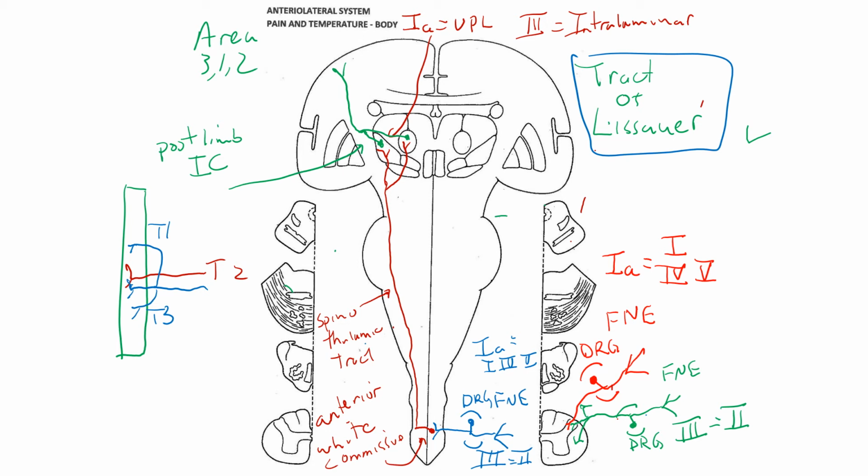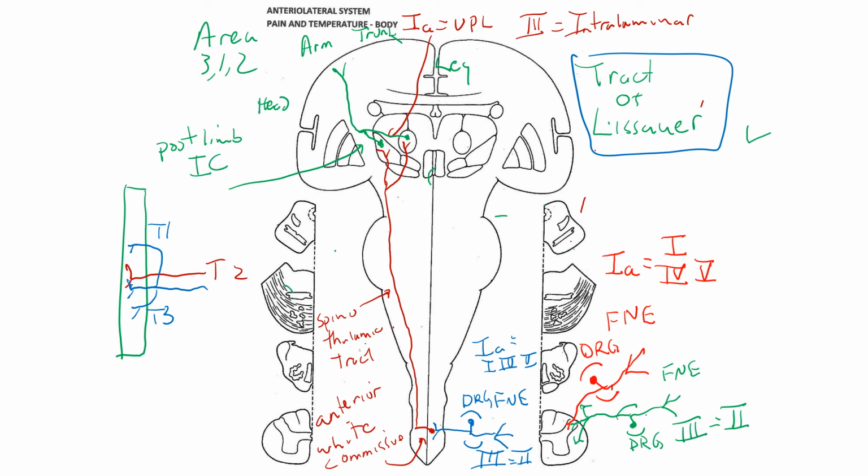And that area 312 is set up on a somatotopic orientation. So if it's from the head, it's going to go here. If it's going to the arm, it is here. If it's going to the trunk, it is here. And if it's going to the leg, it is over here. So this is the first part of this anterior lateral system.